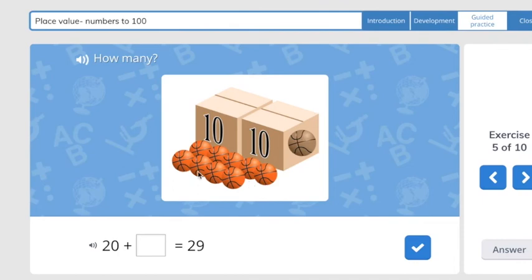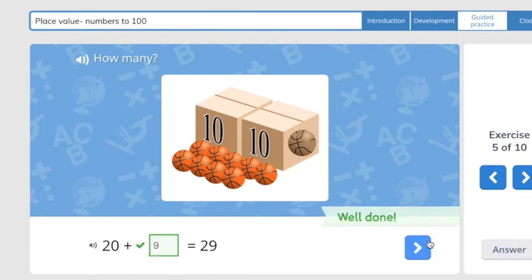Okay, so in this picture here, we have 20 plus how many equals 29? You can count the basketballs if you need to. 1, 2, 3, 4, 5, 6, 7, 8, 9. So 20 plus 9 equals 29.